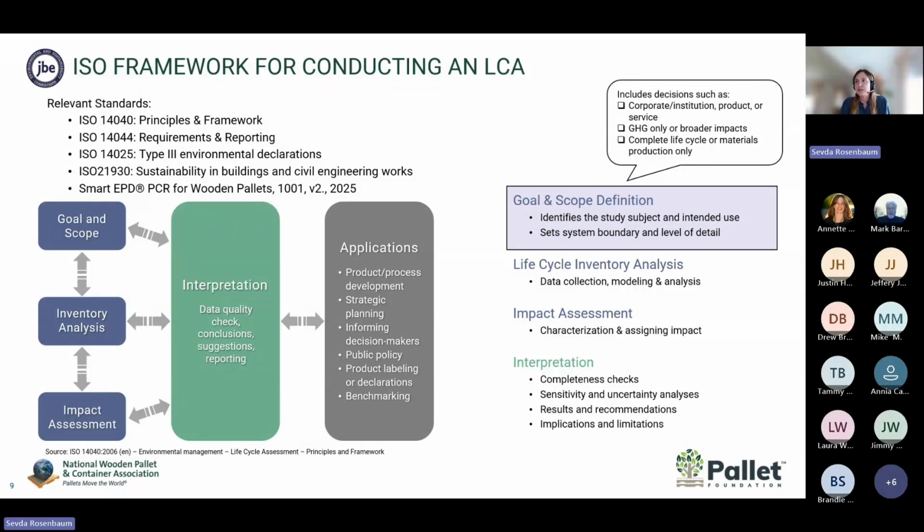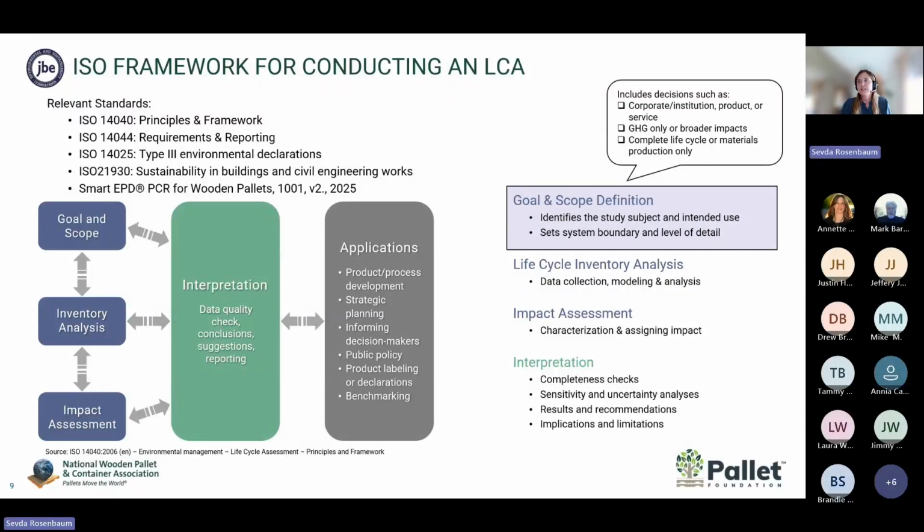A typical study starts with the goal and scope, where you identify the objective and the scope of your study. You set the boundaries and level of detail, and then comes the inventory analysis, where you collect data and develop an inventory. The impact assessment stage is where you quantify the potential impacts, and then the last stage is interpretation, where you do the completeness check, sensitivity check, and interpret the results of your study.